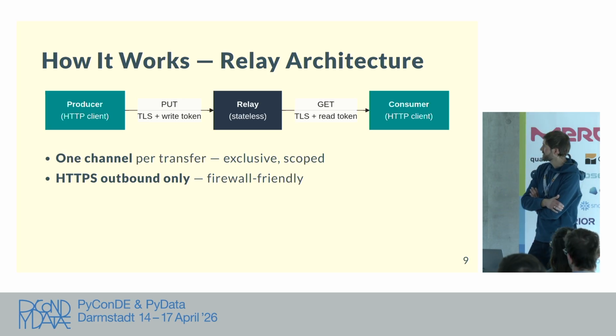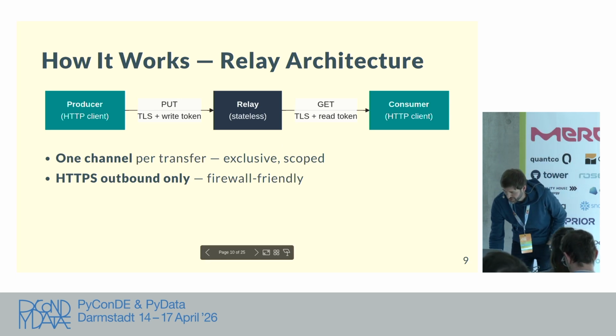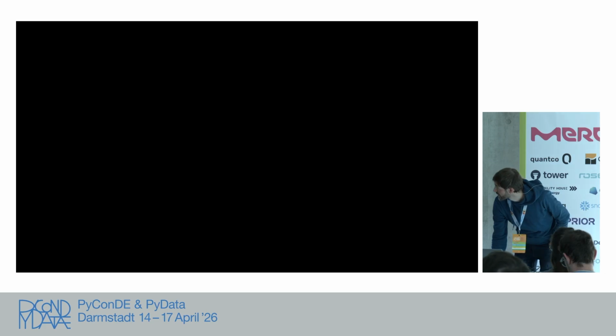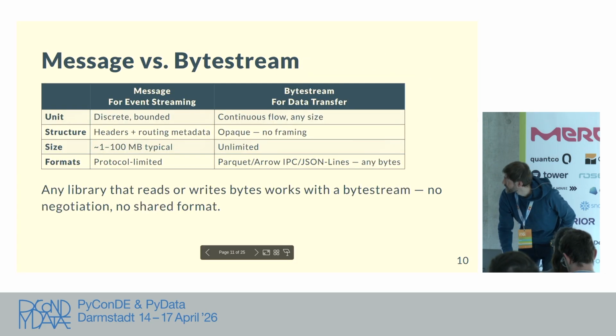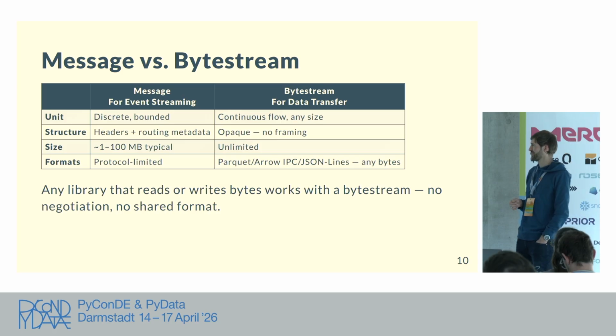So when we send data through this, we must also define what this data looks like, right? What does any byte mean? For that, I'm just recalling, because when we think of streaming, we often think of message brokers and event streaming.